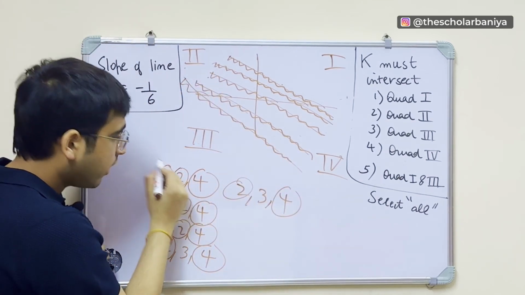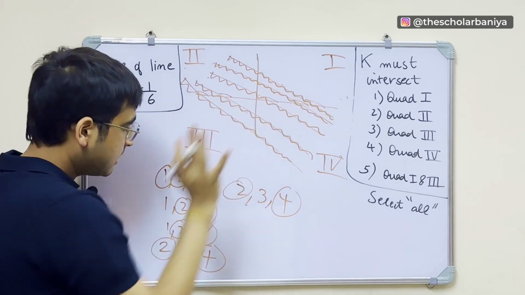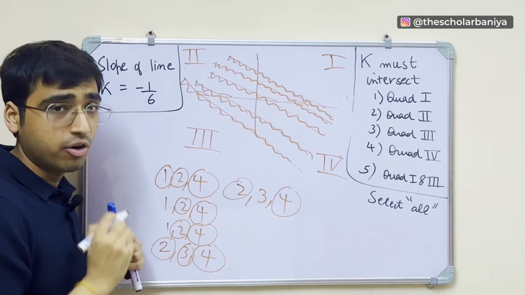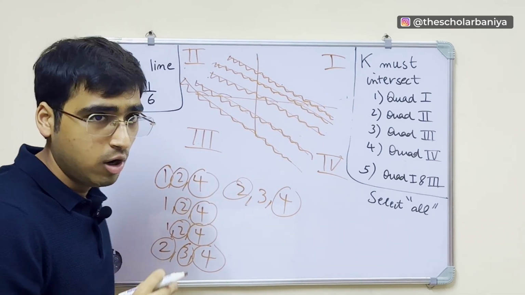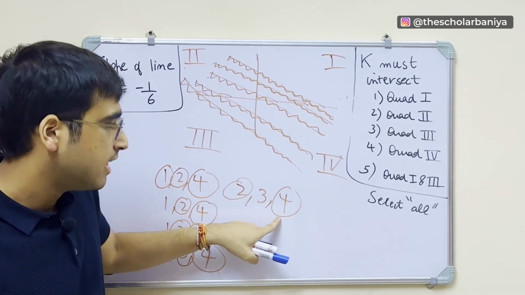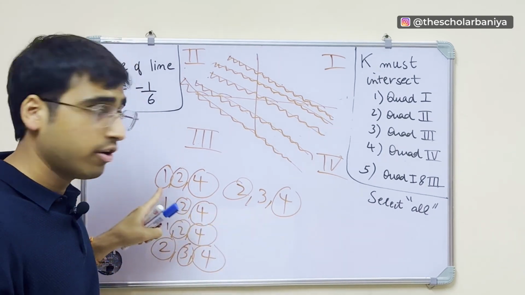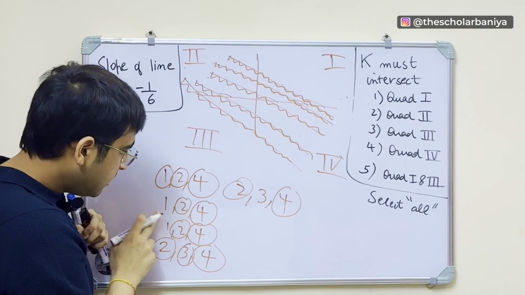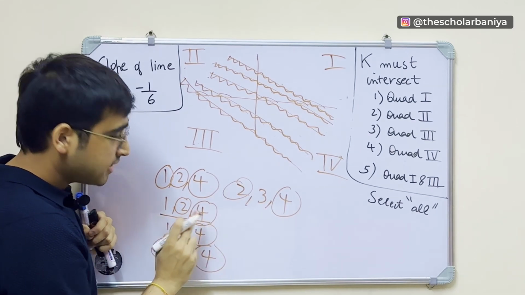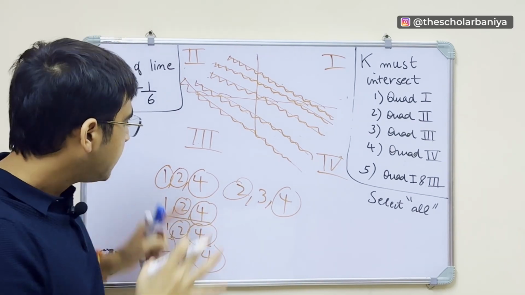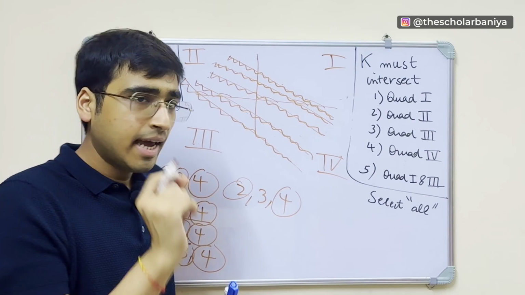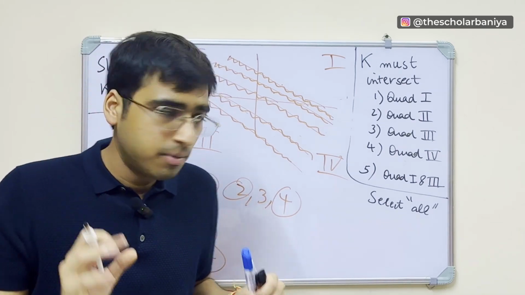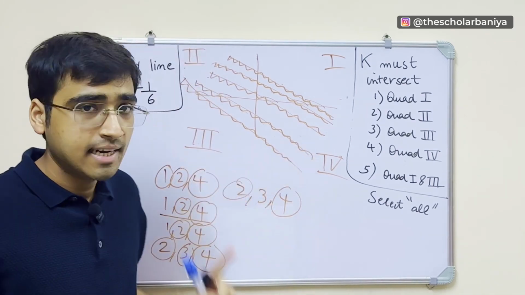Sometimes it can pass through the first quadrant, sometimes through the third quadrant, but not always. For example, in this case, the line is not passing through the first quadrant. Similarly, in this case, the line is not passing through the third quadrant. But in whichever case you take, the line with a negative slope will always pass through the second and the fourth quadrant.